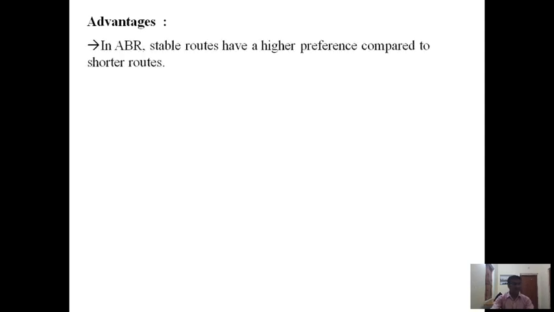And what are the advantages and disadvantages of associativity based routing? The first one is the advantage. In associativity based routing, stable routes have a higher preference compared to shorter routes.